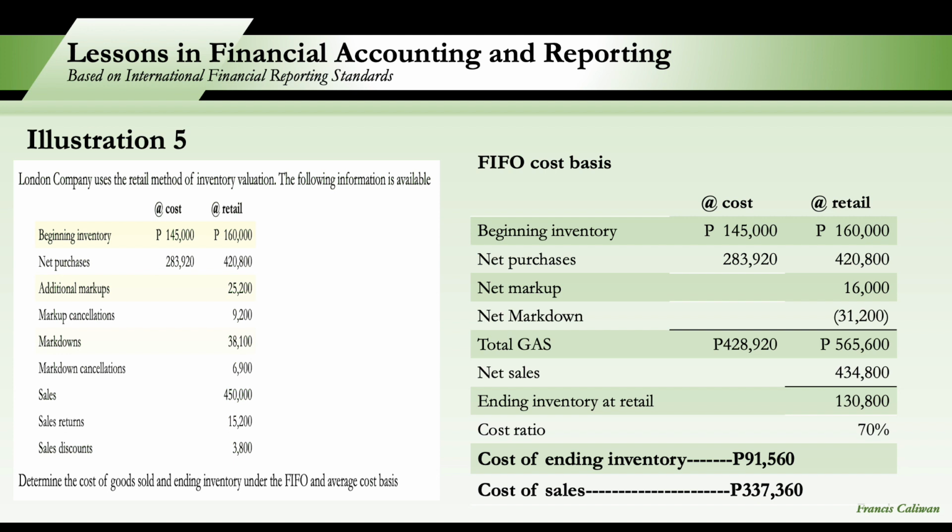So our ending inventory at cost is 91,560. And then for us to determine our cost of sales, again, we simply deduct our cost of ending inventory of 91,560 from our goods available for sale at cost, which is 428,920. So we have our cost of sales at 337,360.